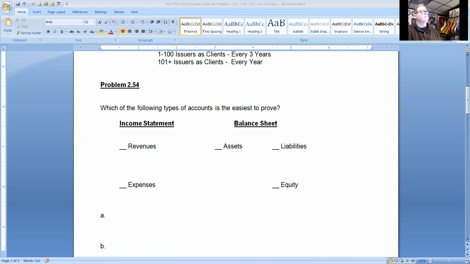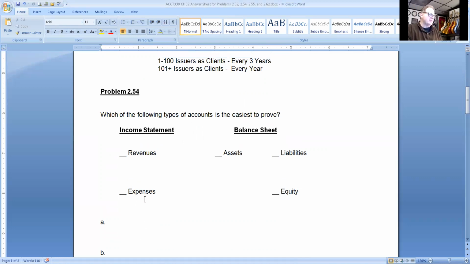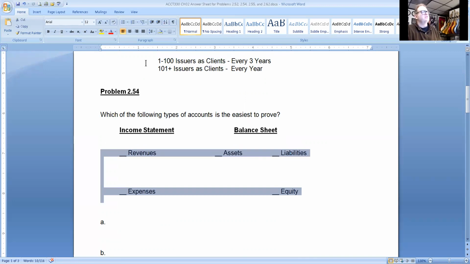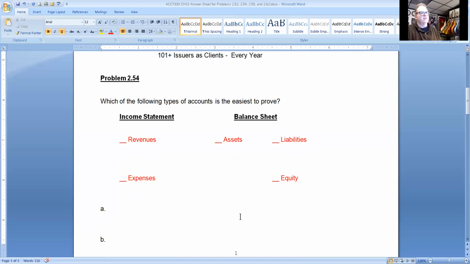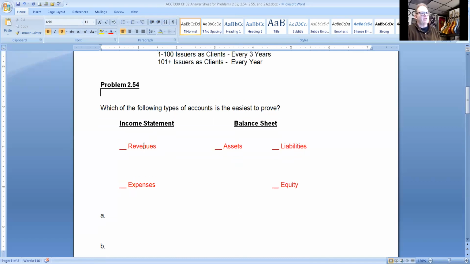We're going to go to problem 254 in the book. I want to set it up first, though. I probably should have put this in the handout, but basically all the accounts that we use in accounting pretty much come down to these 5 categories. The income statement: revenues and expenses, what comes in, what goes out.